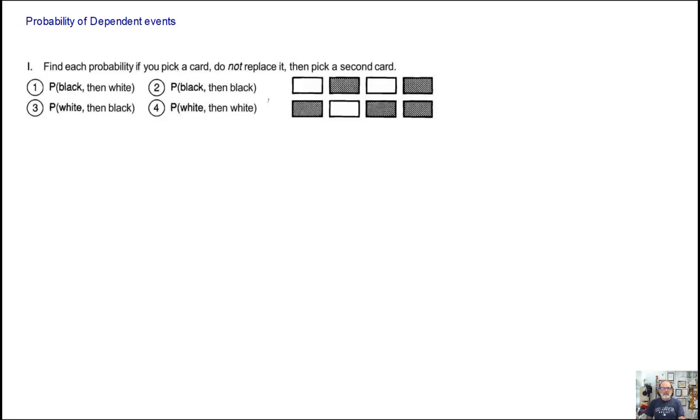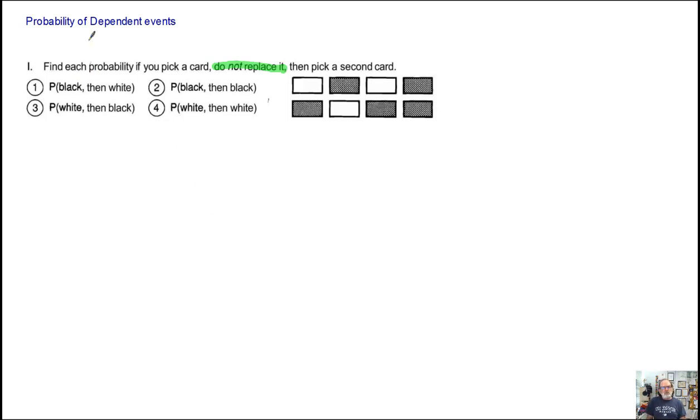Here the key idea is that you do not replace it. So we want to ask ourselves, if we're picking one card, keeping it, and then having somebody pick another card, what's the probability of those events?